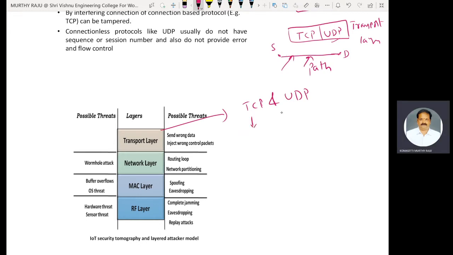Consider TCP; we need not consider UDP because it is an unreliable protocol. A connection is established between the source node and the destination node. The aim of the threat is to disturb this connection. How? Send wrong data, inject wrong control packets.